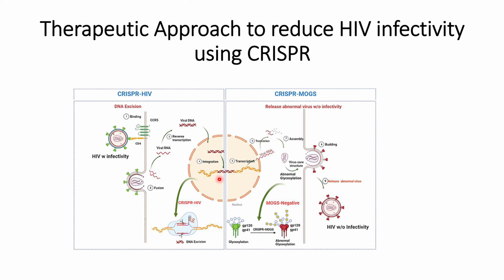And thereafter the CRISPR HIV, since it is modified in the form of CRISPR HIV, will form a DNA excision, and this will result in the cleavage of any further HIV infections of these cells.